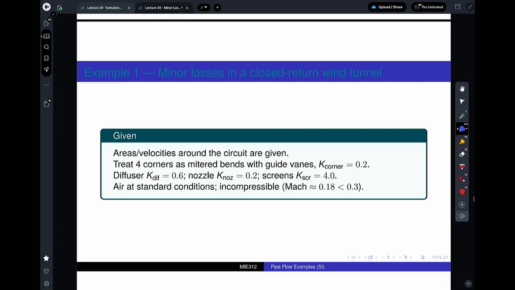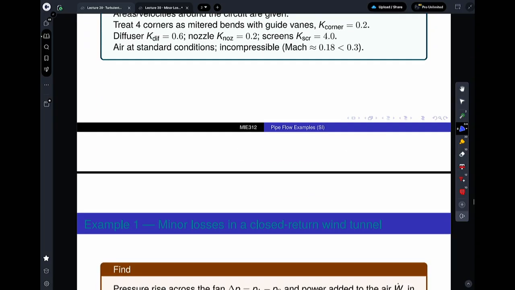And just because I can't get away with this, my tunnel doesn't operate that fast. Mine is operating at 18 meters per second, based on a chord number of an airfoil, typically up to about a million Reynolds number. All right, so incompressible, I have to check for that, but everything works out really well.